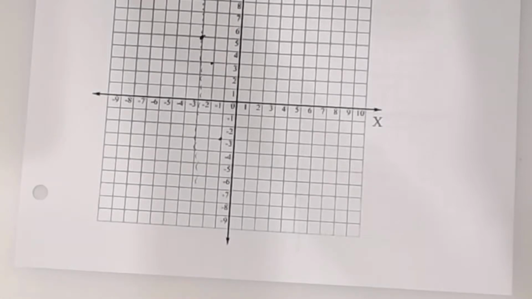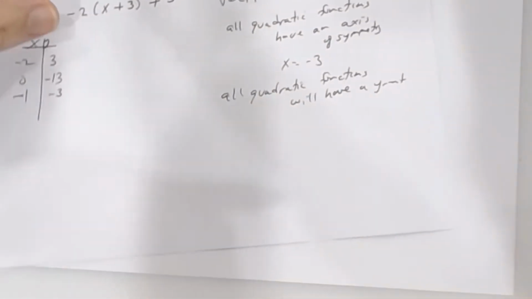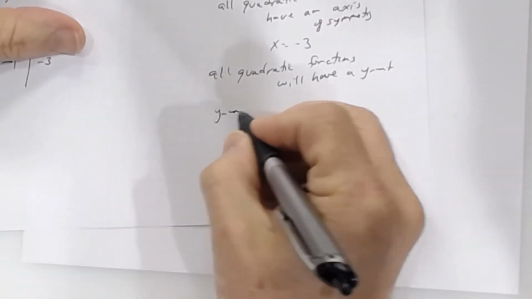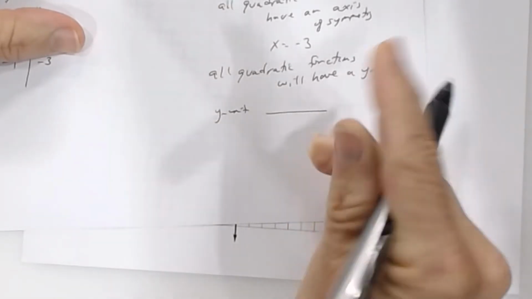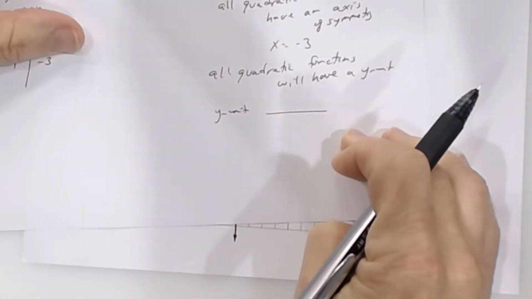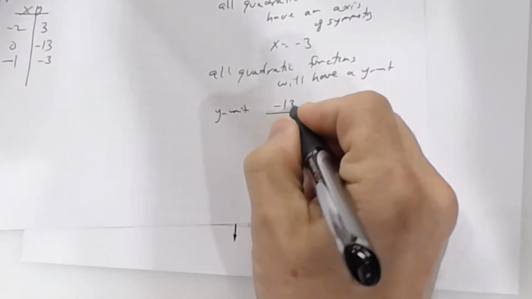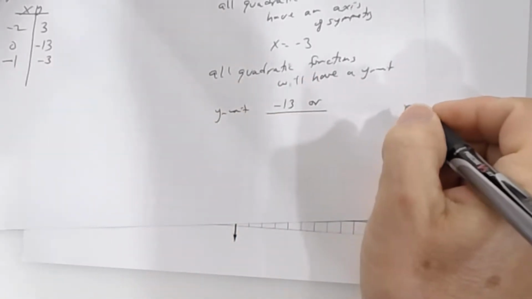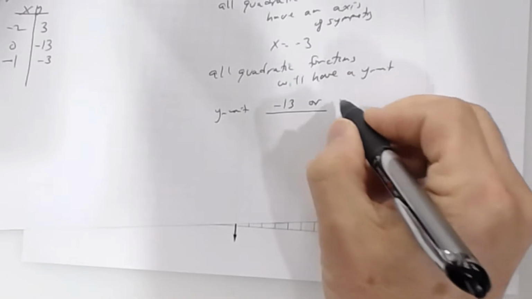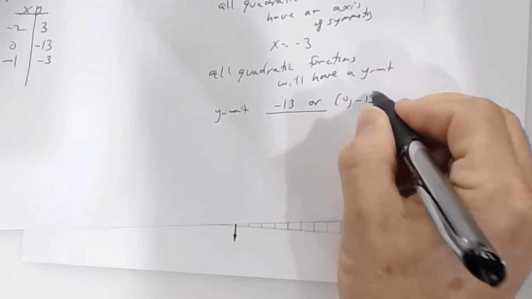The domain is still all real numbers, so x equals 0 is always in that domain. So you always have a y-intercept. One of the blanks will be the y-intercept. If I don't say write it as an ordered pair, then you can just say -13. If I say write it as an ordered pair, then you have to say 0, -13.